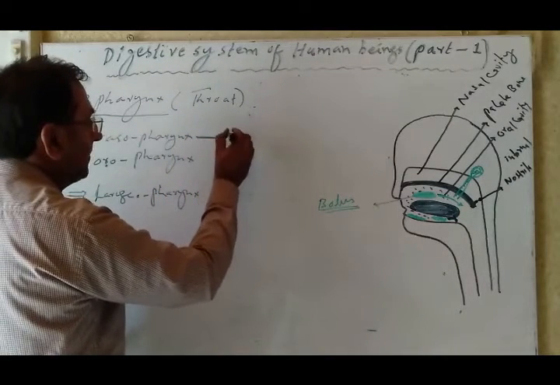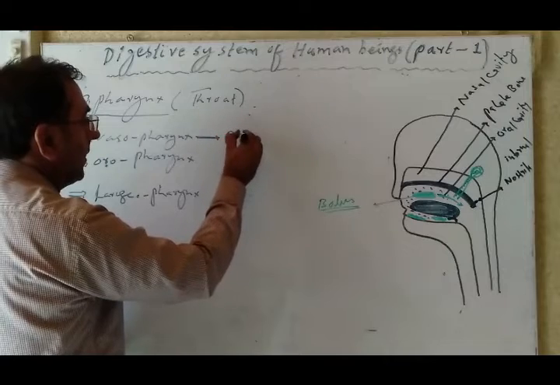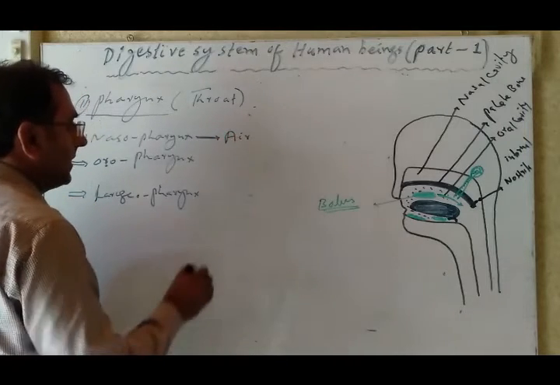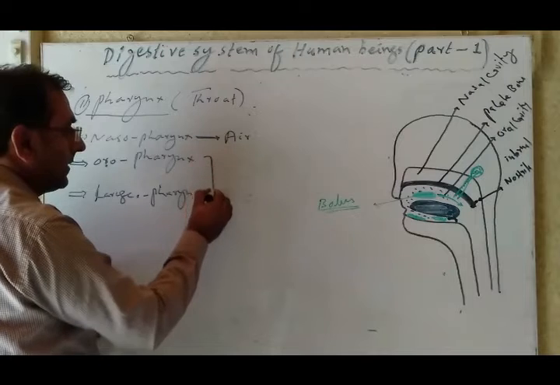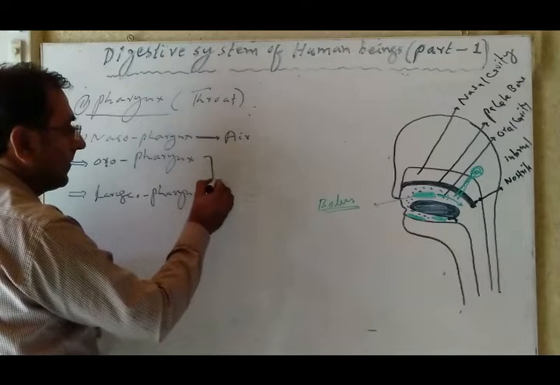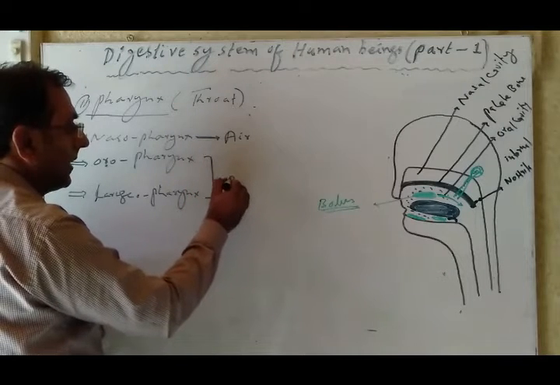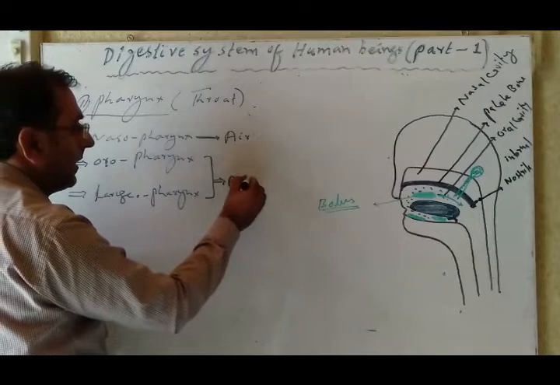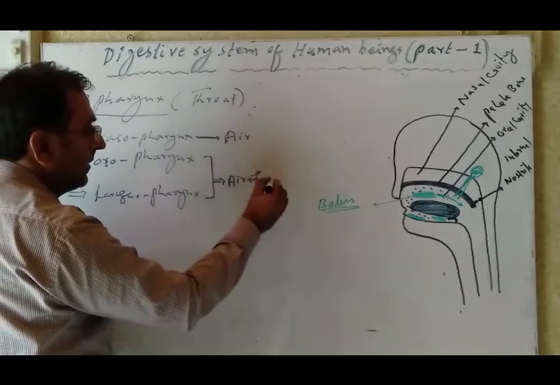Nasopharynx is the passage through which only air is passed, while these 2 parts are the common passage for air and food.